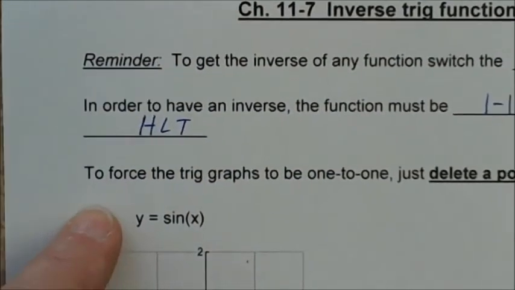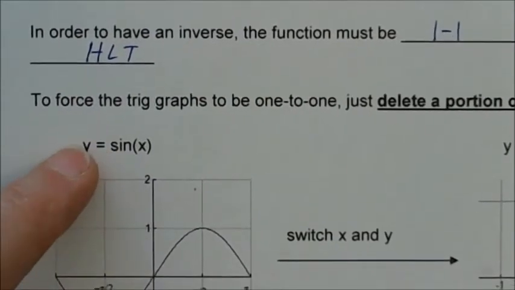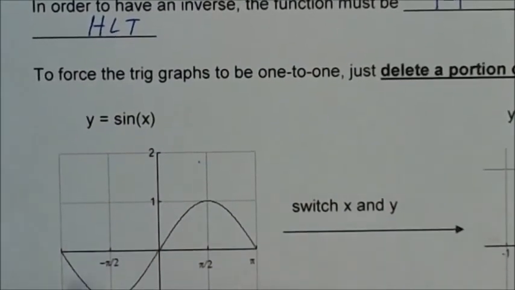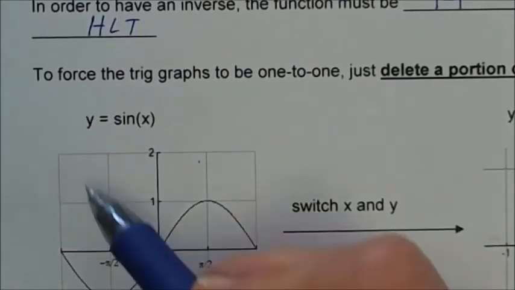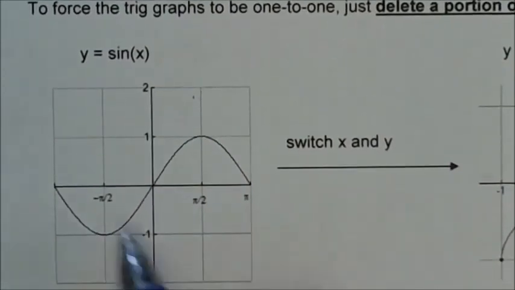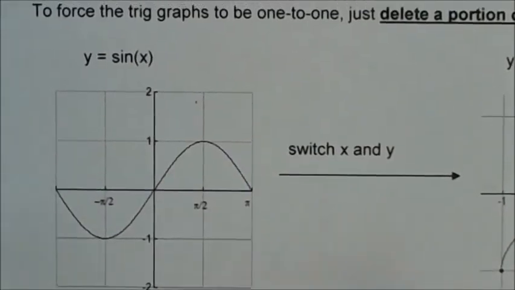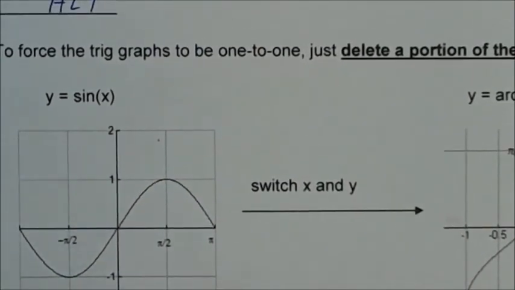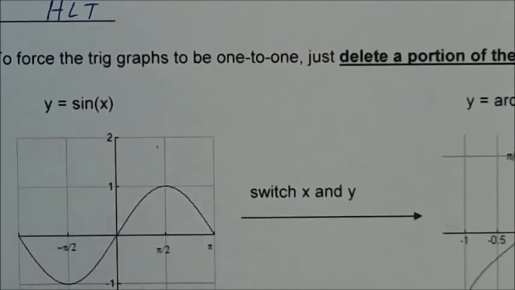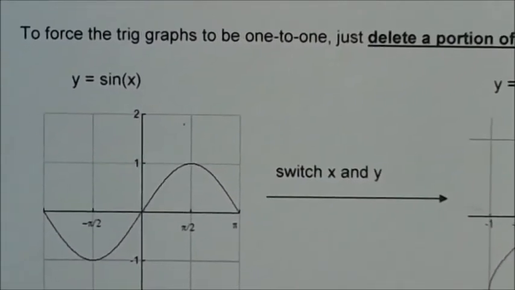Okay, so we're going to look at y equals sine x. Yes, it is a function, but it doesn't pass the horizontal line test, so it's not 1-to-1. So we're going to force it to be 1-to-1 by deleting a portion of the graph.